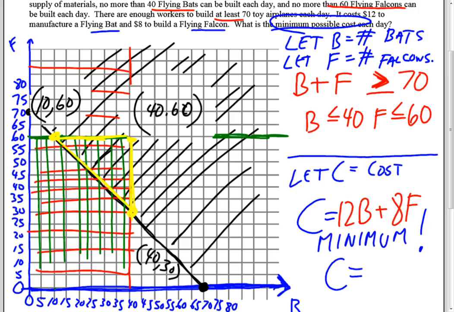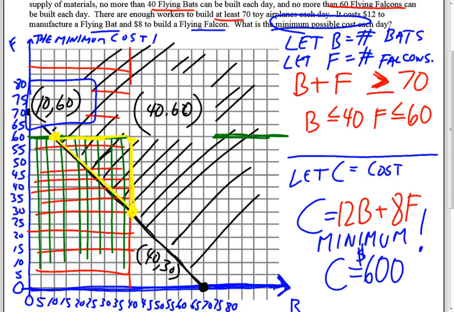Which one? All right, it'll be 10, 60. Do we agree with that? Is that better than the 40, 30? Okay. What do you get when you substitute that in? 600. 600 what? Dollars.